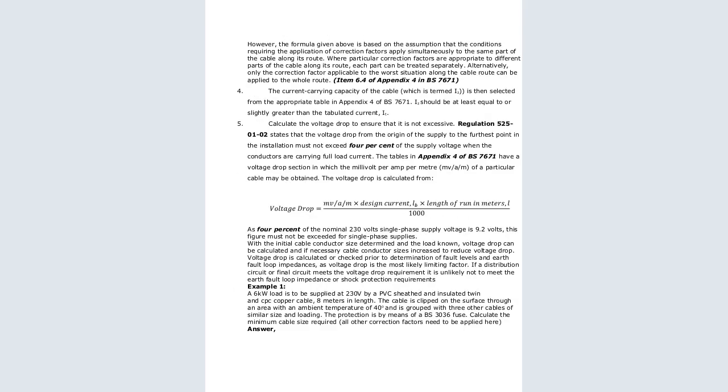The more correction factors apply, the larger the value will be, and hence the larger the size of cable we will require. Consequently, it is advantageous to avoid applying correction factors where possible, by measures such as avoiding grouping of cables and avoiding contact with thermal insulation.